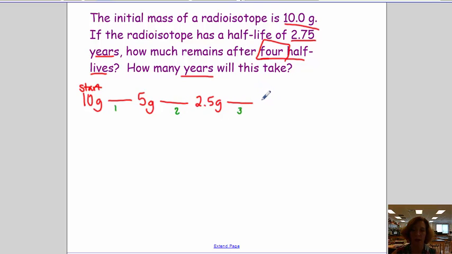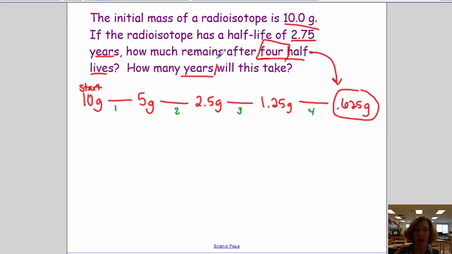So half of 2.5 is 1.25 grams, and then we go 1 more for that 4th half-life, and we get 0.625 grams. Is that right? Yeah. Okay, so how much remains? That's our answer to this question. How much remains? 0.625 grams.